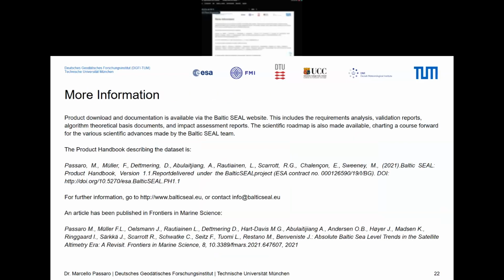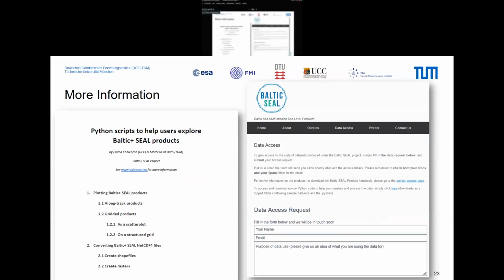Finally, I provide here some useful links with information to the handbook, which describes all of these algorithms applied. And we also published a paper summarizing all of these results I presented to you. And for questions, you can also contact the Baltic SEAL team or visit the website. And there you can also access the data.